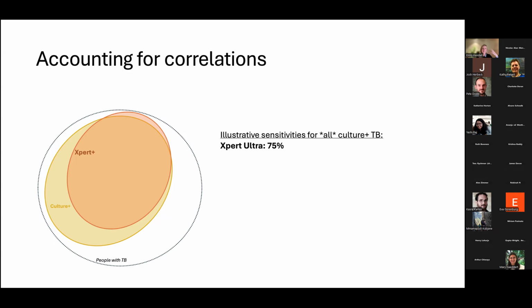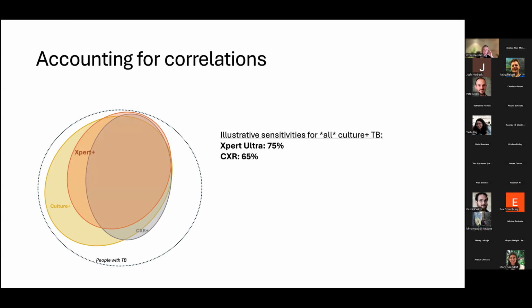There's limited and variable data in terms of what the sensitivities actually are for finding all culture positive TB in general population screening, but reasonable estimates might be that Xpert Ultra detects 75% of culture positive TB, so like 3/4 of the yellow oval is also inside the orange oval, and that chest X-ray has a 65% sensitivity, say.